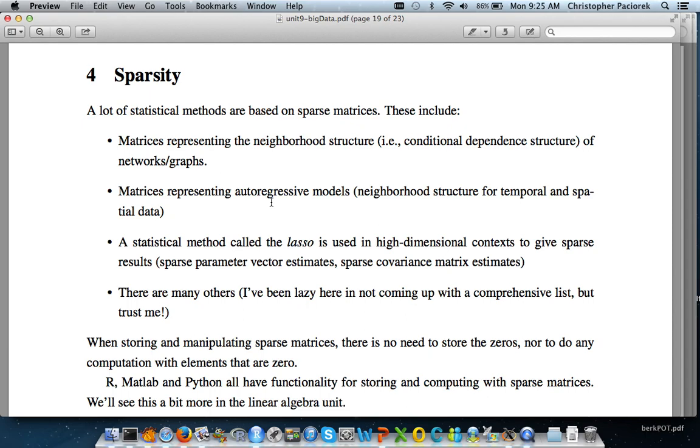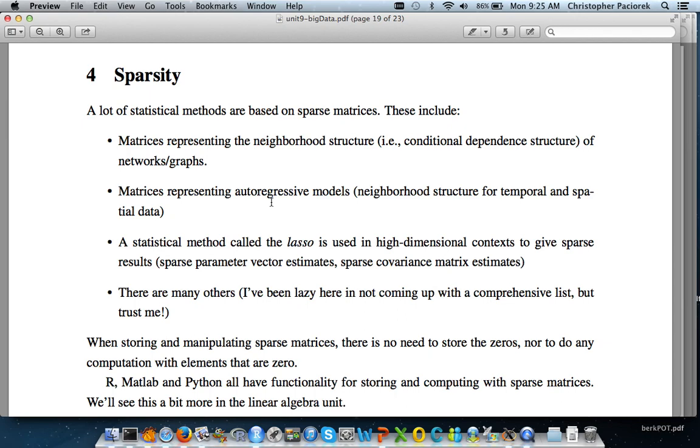And if we're doing a big matrix, say matrix multiplication, and most of these values are 0, there's no point in explicitly going through and multiplying this value times a 0, and this value times a 0, and this value times a 0, because we know the answer is going to be 0 regardless of what these values are. So we don't need to do that multiplication.